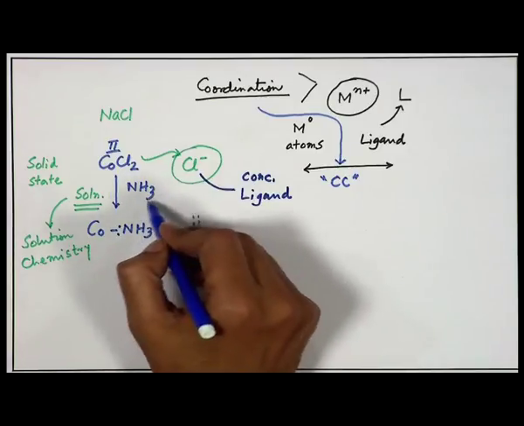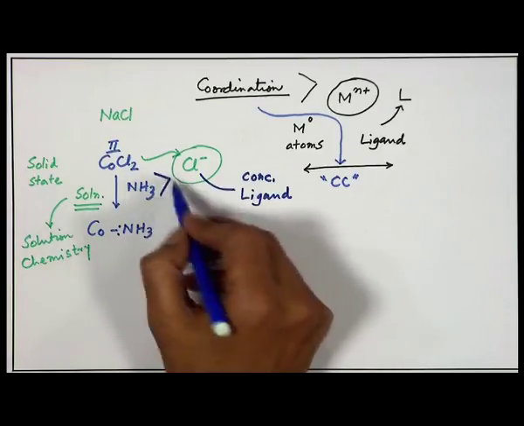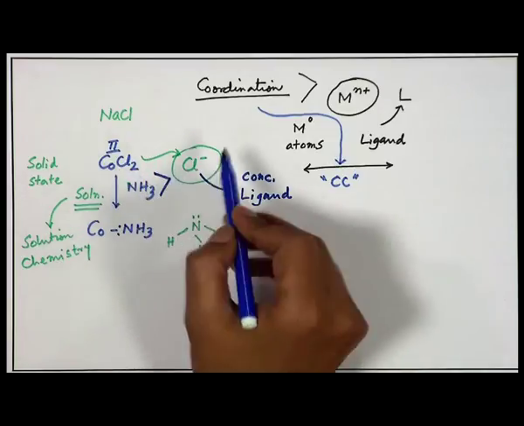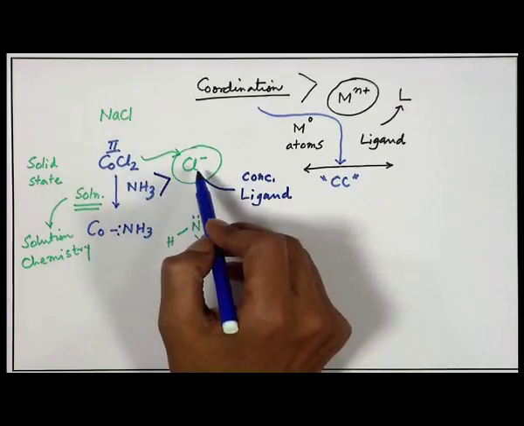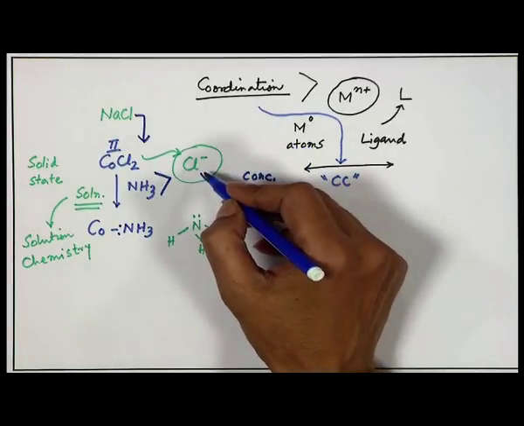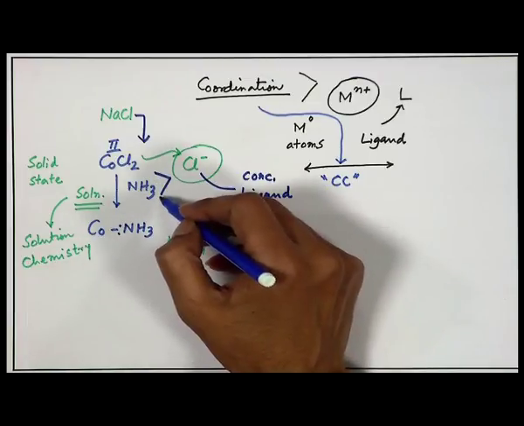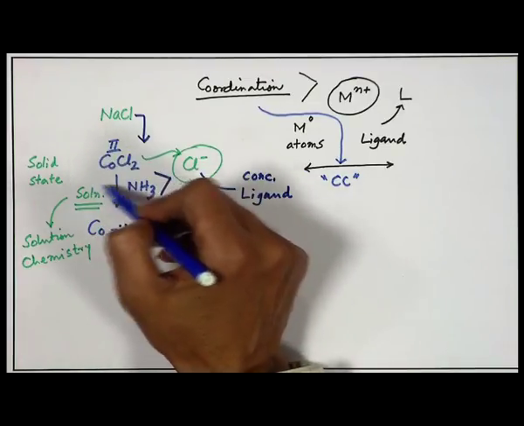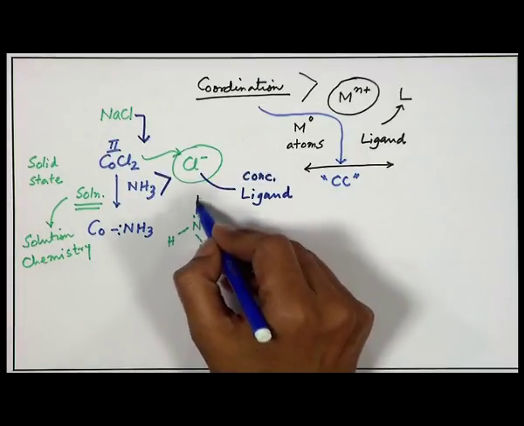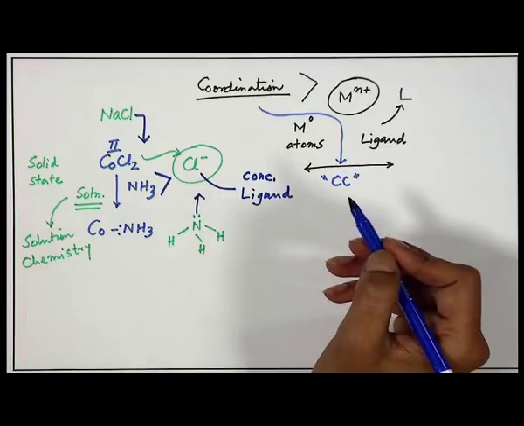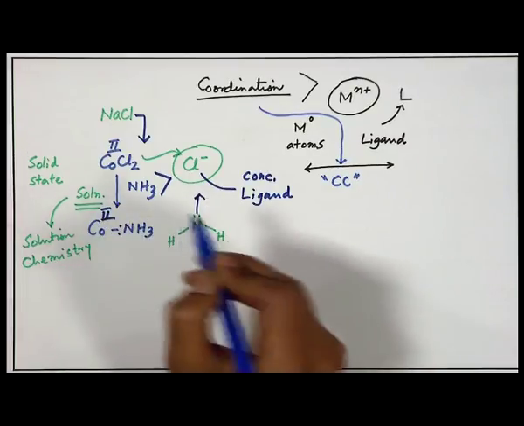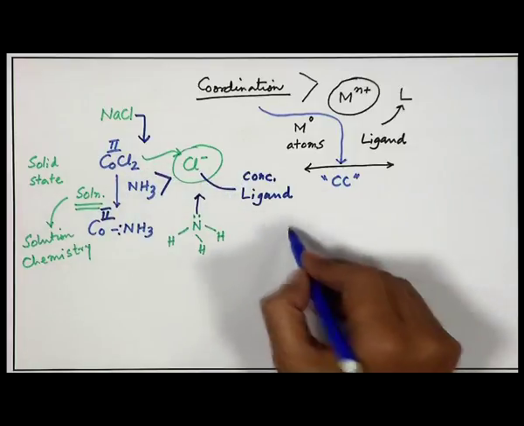If we add ammonia, because its concentration is higher than that of our chloride ions already available here, because we are not adding any external source of chloride ions, that means sodium chloride or any other thing, then basically these ammonia molecules will try to gather around the cobalt center and will start interacting with this cobalt center through the well defined dative bond between nitrogen of ammonia and the cobalt center, which is in the bivalent state. So, how can we identify these compounds?